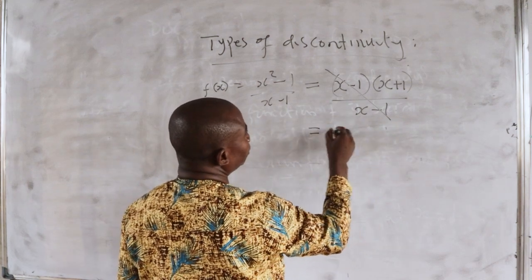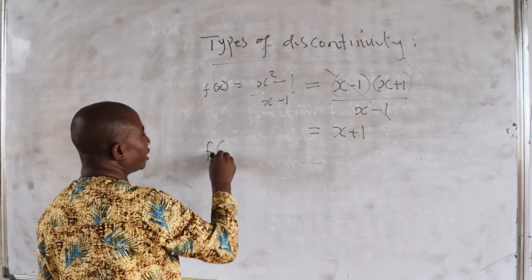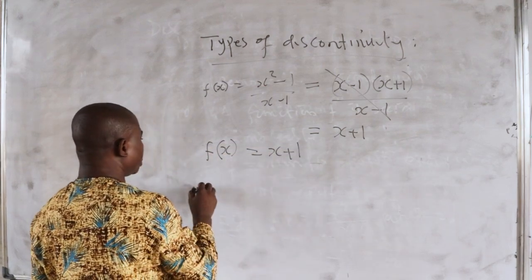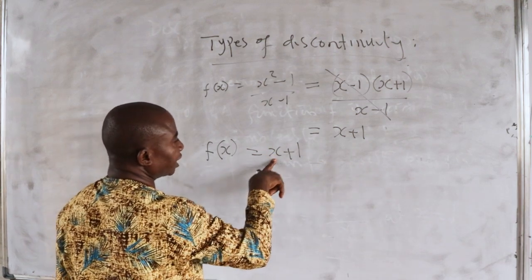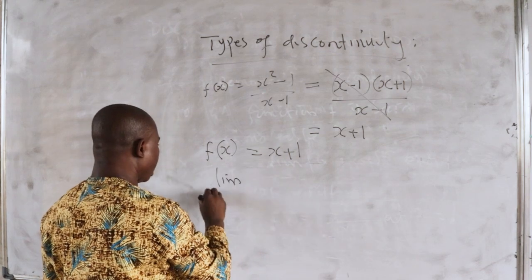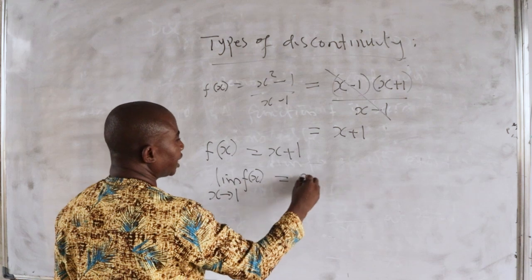So everything now reduces to x plus 1. So we can rewrite f of x as x plus 1. So here now we know that as x tends to 1, f of x will tend to 1 plus 1, which is 2. So the limit as x tends to 1 of f of x is precisely 2.